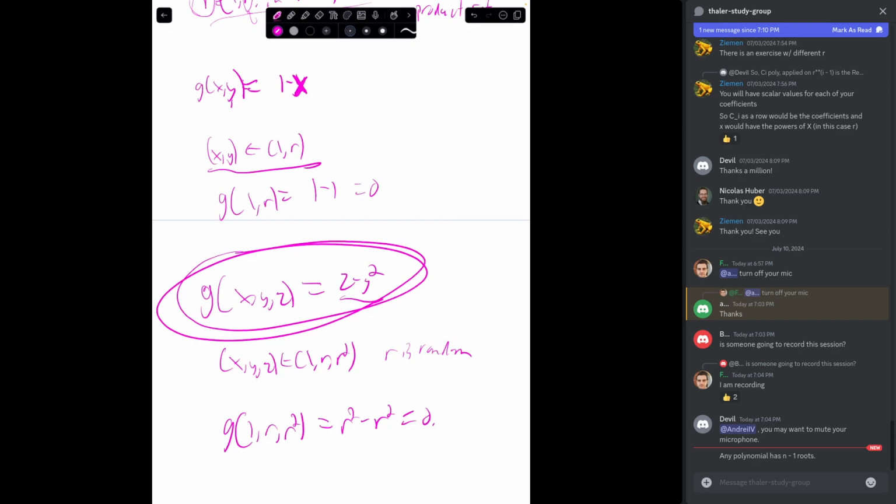I guess my general sense is all of the examples you're raising come from univariate land, and Schwartz-Zippel basically fails for these examples exactly because multivariate polynomials and univariate polynomials are different. So I'd put it that way.